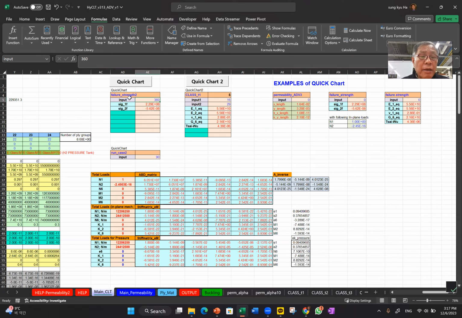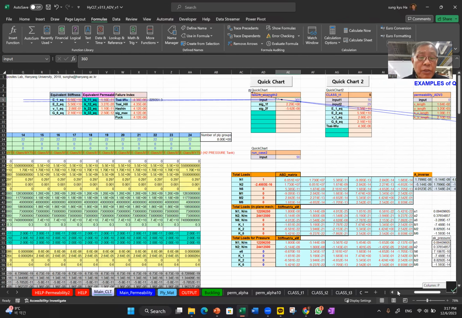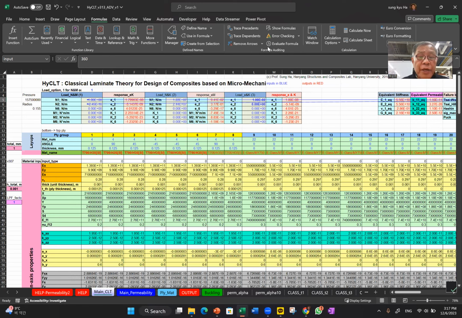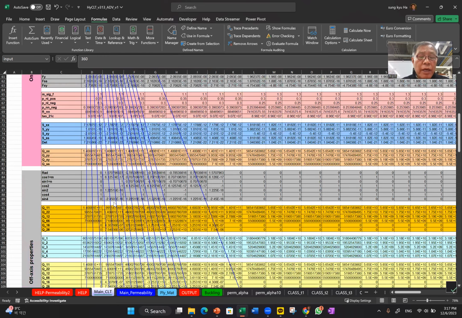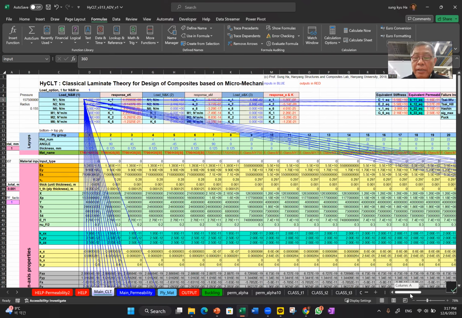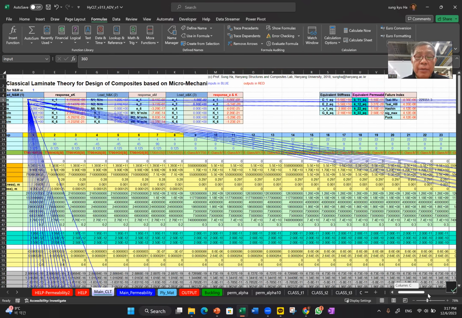Again, this input is a variable, and as you can see, this goes to the other important point. It goes to here, and then goes to there. This load will be used to calculate all the failure index and safety factor.